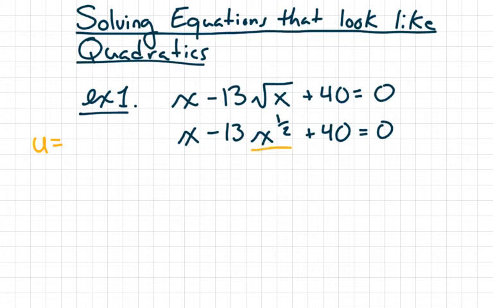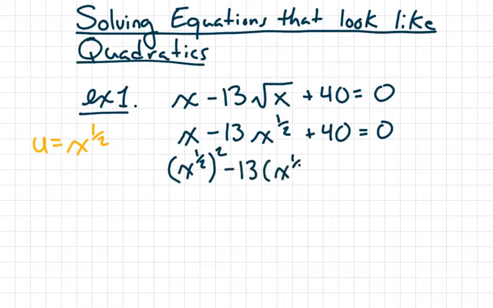If I make my u x squared, well, that makes this thing, if we tried to make everything look like a quadratic, x to the 1/2 squared minus 13 x to the 1/2 plus 40 is equal to 0.